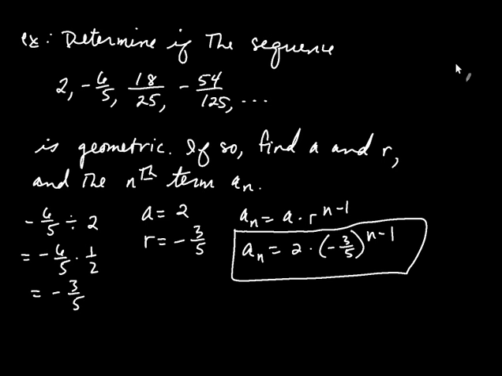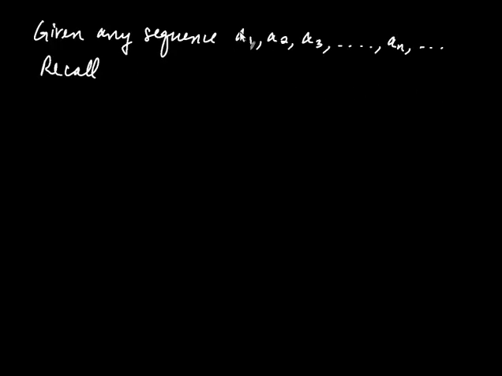We can say a few things about what we remember from previous videos, partial sums. Given any sequence a1, a2, a3, and so on up to a_n, and this is any sequence, not just a geometric sequence, recall that the nth partial sum, which we denote as S sub n, is the sum of the first n terms.